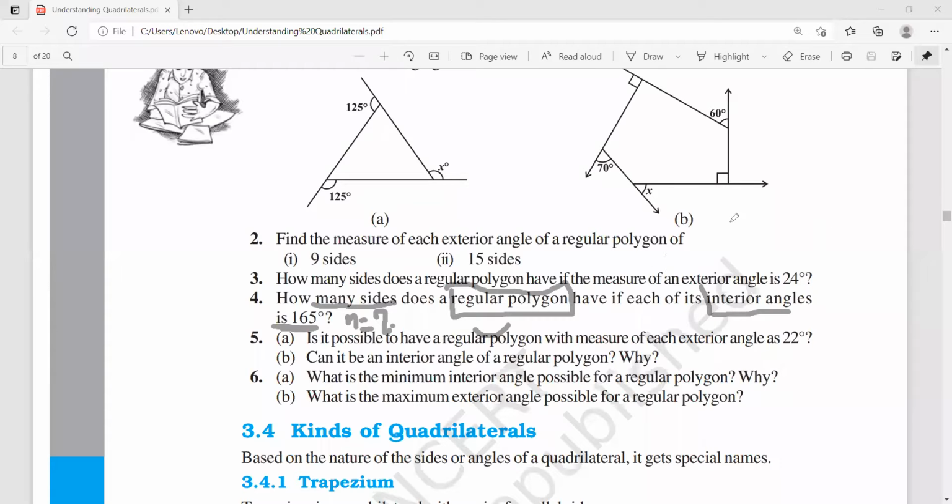We know that there is a relation between exterior angle: x is equal to 360 upon n. So n is the number of sides we have to calculate. Can we calculate the exterior angle by this given information, 165? Can we calculate?